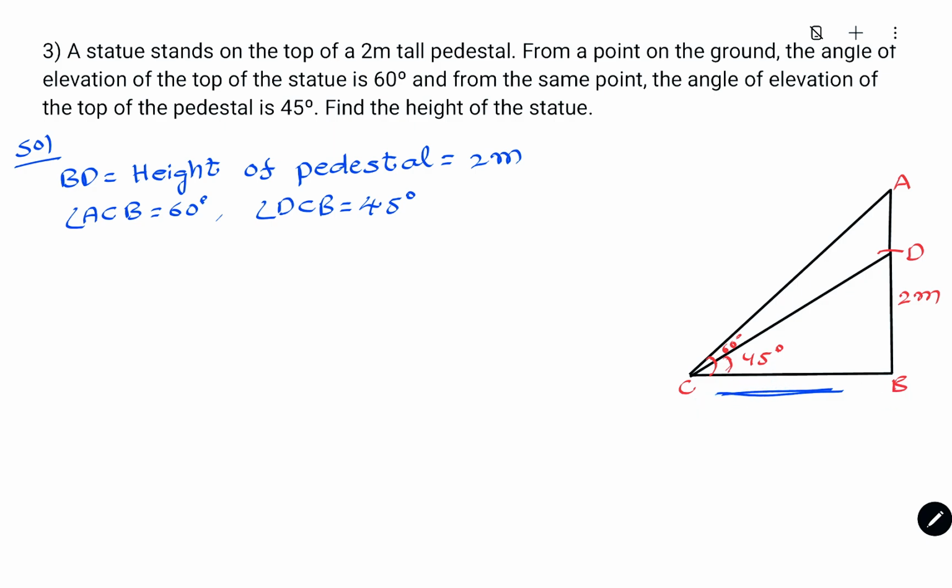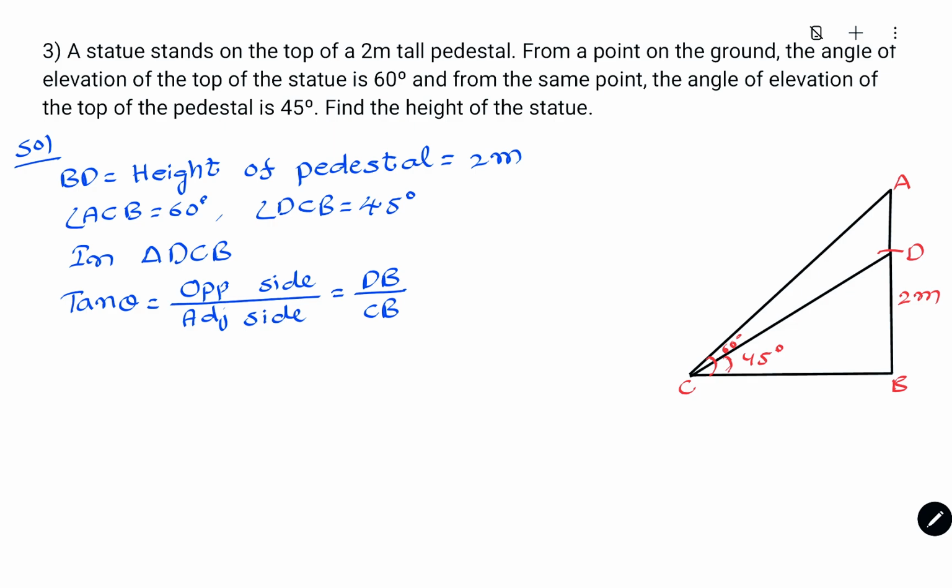Here we take triangle DCB. For angle 45 degrees we have the opposite side 2 meters and we need to find the adjacent side. For that we use the tan ratio. In triangle DCB, theta is 45 degrees. So tan 45 is equal to, here DB is 2 meters, so write 2.